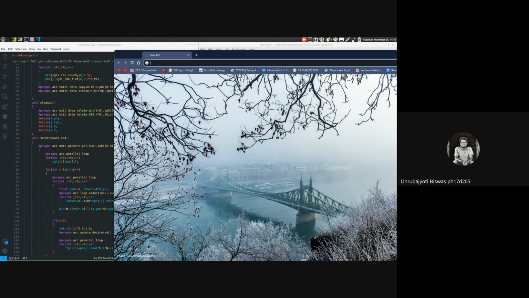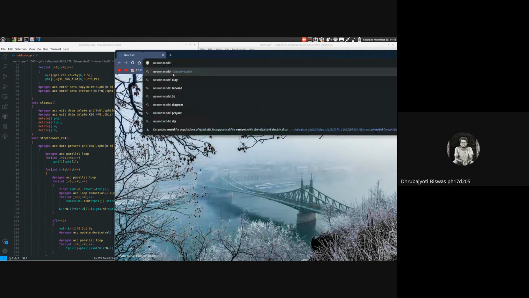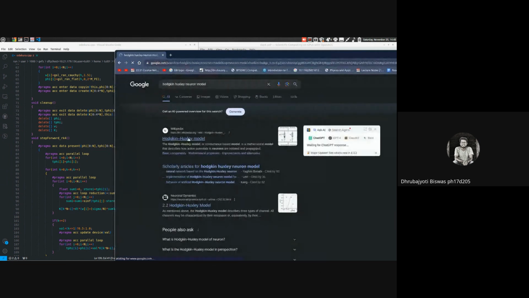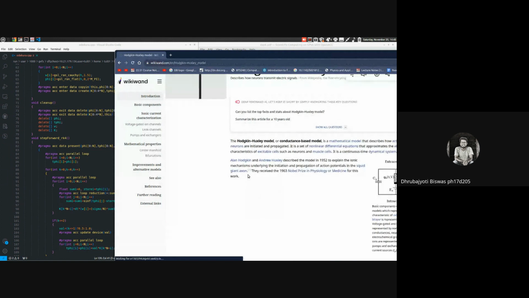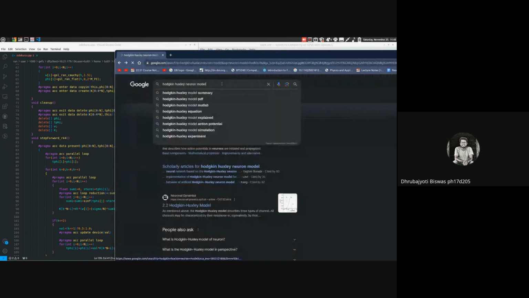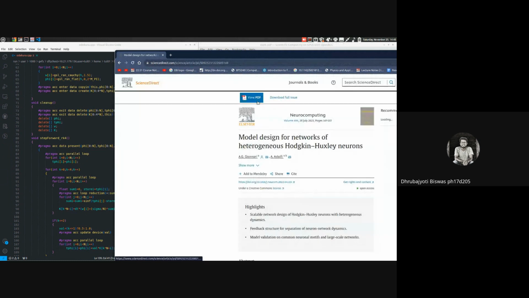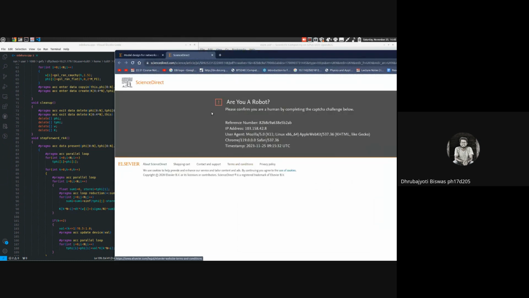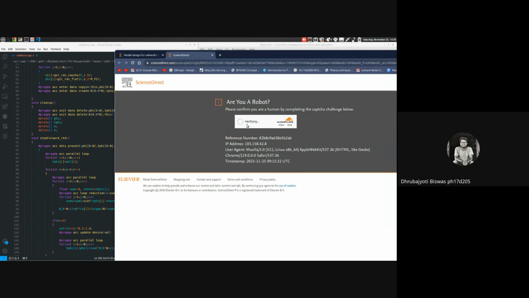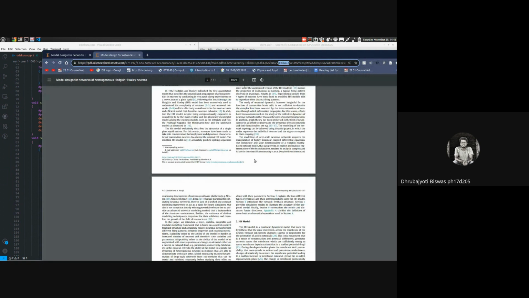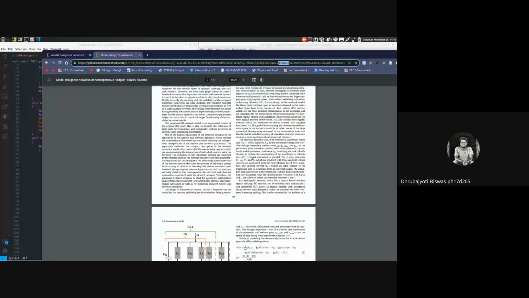Let's see, neuron model, Hodgkin-Huxley. It is given by a differential equation of this type, and you can have it in a network where there are many such neurons. So I'll show you this paper. So if any one of you are working in this sort of a domain, you can use this.